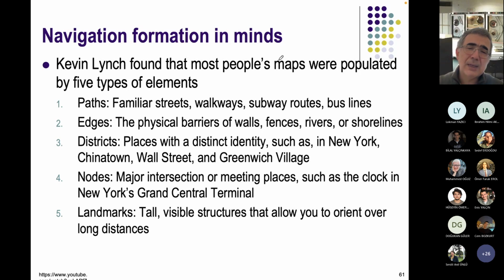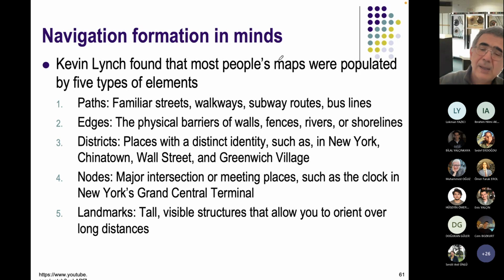Or landmarks like clock towers, some other towers, some traffic lights, some gas stations, so visible structures to orient yourself. So everything is about orientation and finding and remembering the navigation.